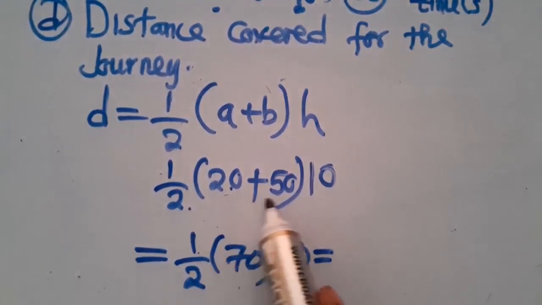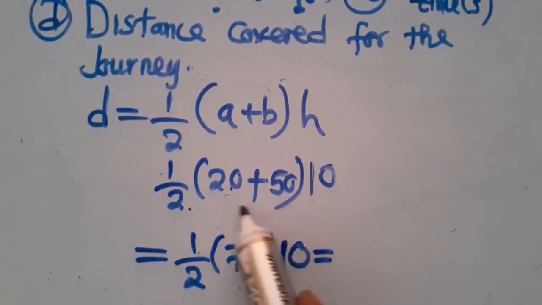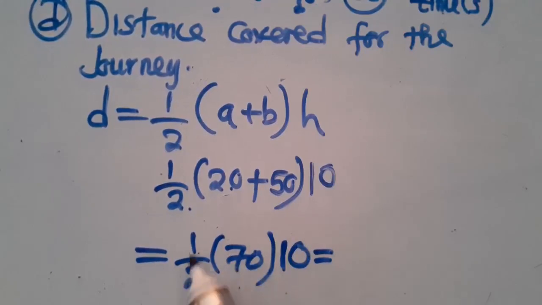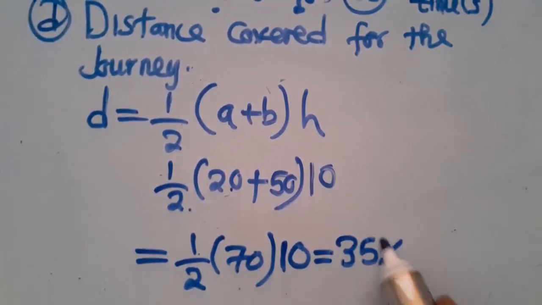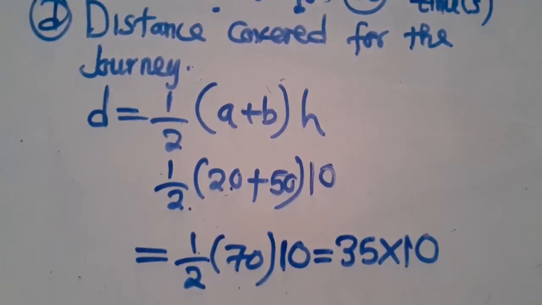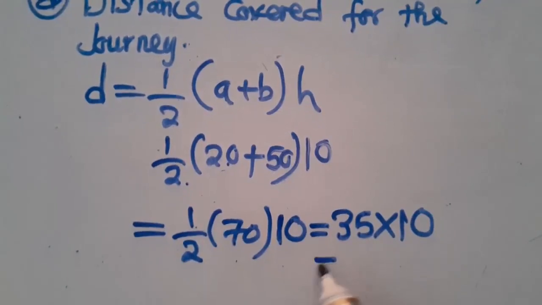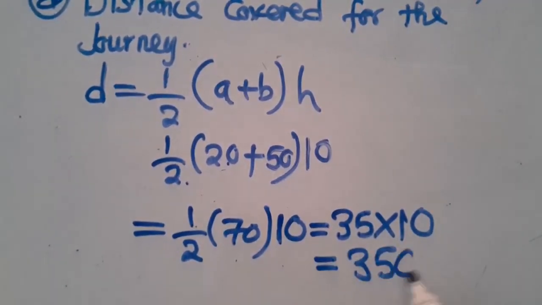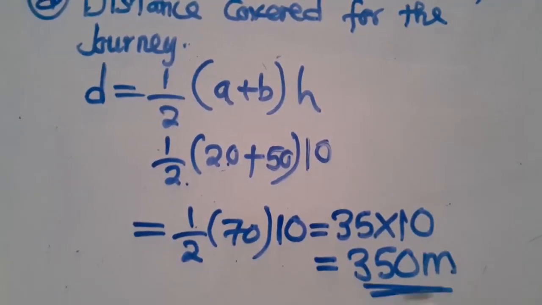Add these two. What answer are you getting? 70. Half of 70 is 35. You say 35 times 10. What's your answer? 350 meters.